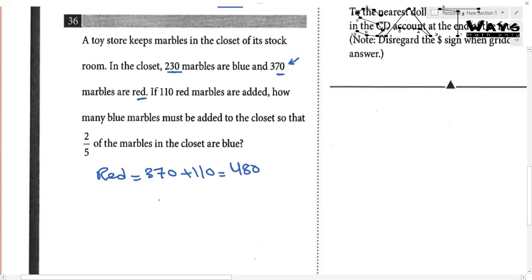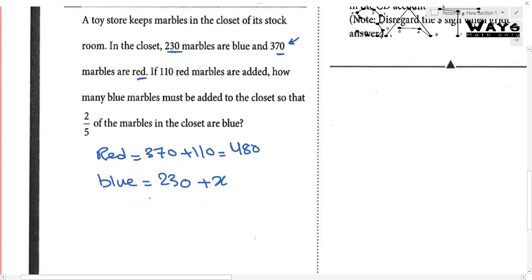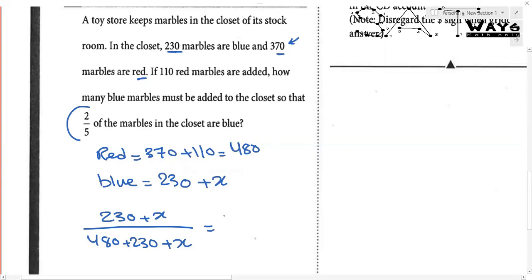And now I want to add a number to the blue marbles so the total ratio is 2/5. The total ratio means the blue is up and the total is down. So 480 plus 230 plus x, red plus blue, equals 2/5.